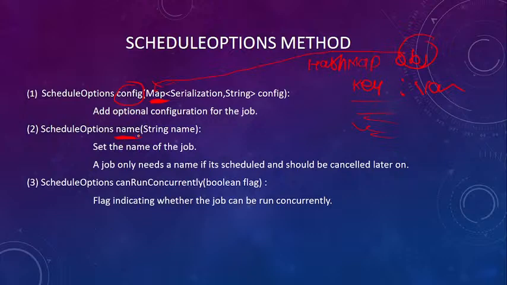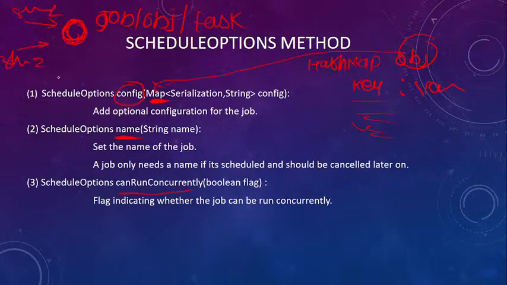And here we have a name, you can set it, and can run concurrently. Can run concurrently, that means, so this is the job. Okay, this one is your job. You can say it's a job, or you can say it's an object, or you can say this is nothing but your task. Okay, and here we have a lot of schedulers who are going to schedule it, so scheduler 1, and we can say it's scheduler 2.